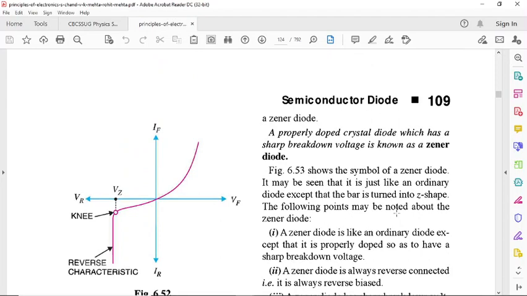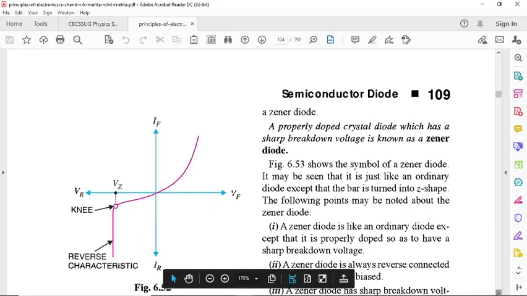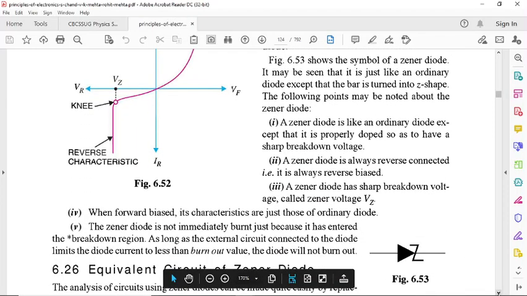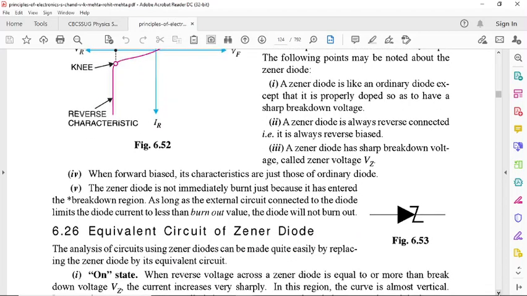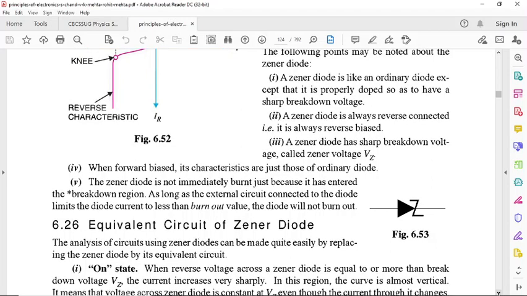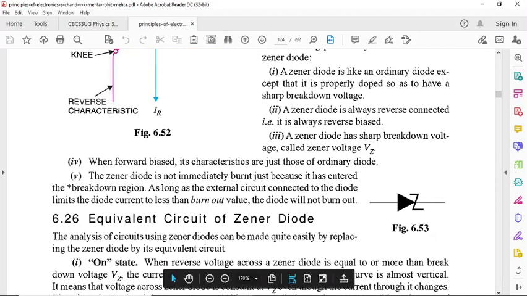The following points may be noted about the Zener diode. A Zener diode is like an ordinary diode except that it is properly doped so as to have a sharp breakdown voltage. A Zener diode is always reverse connected, that is, it is always reverse biased.